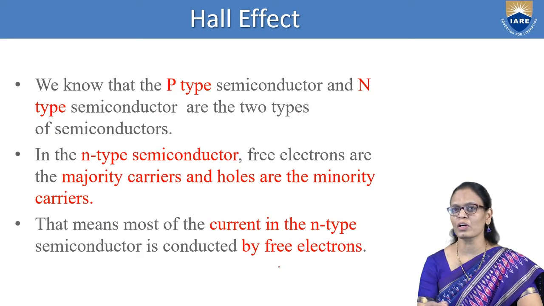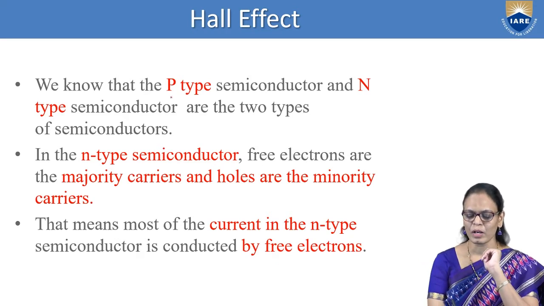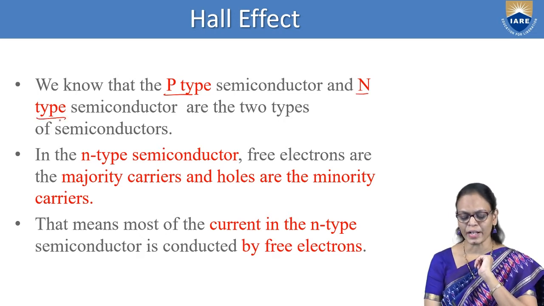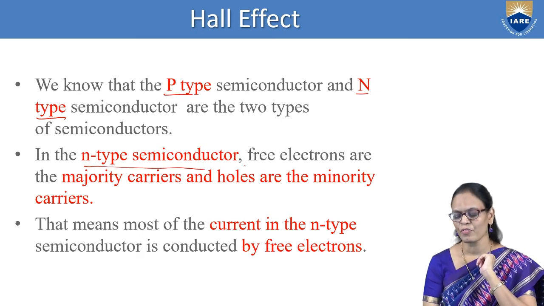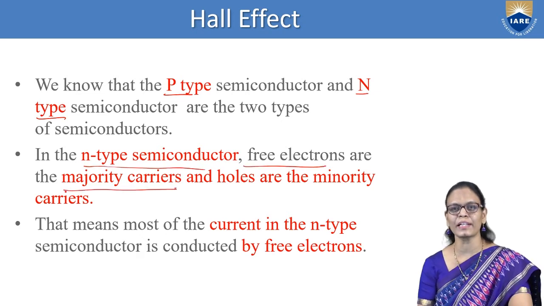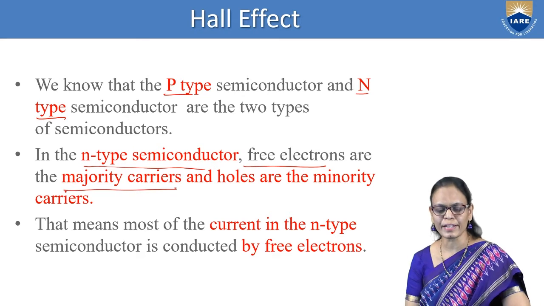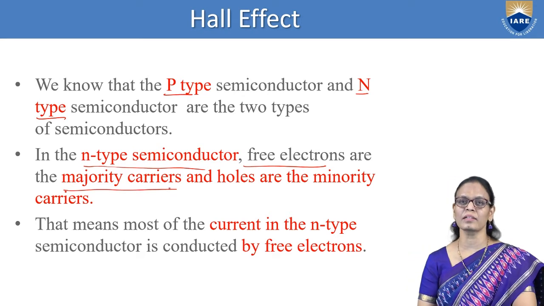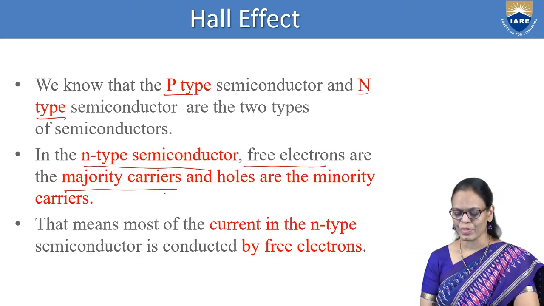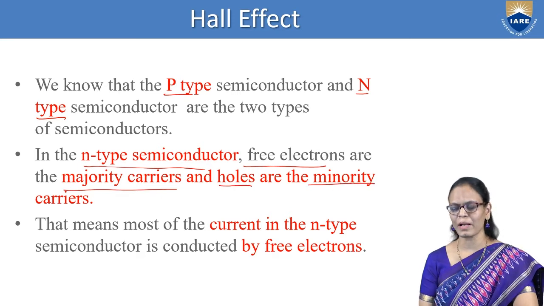Now, if we are talking about semiconductors, we have already discussed in this chapter that there are two types, p-type and n-type. And we have also seen that in an n-type semiconductor, free electrons are the majority carriers and holes are the minority carriers.